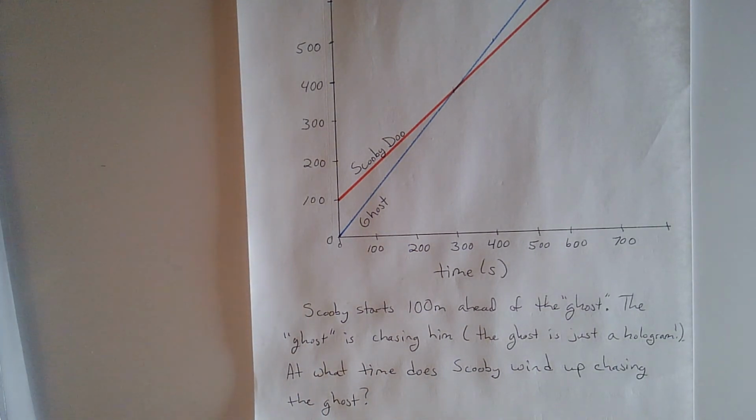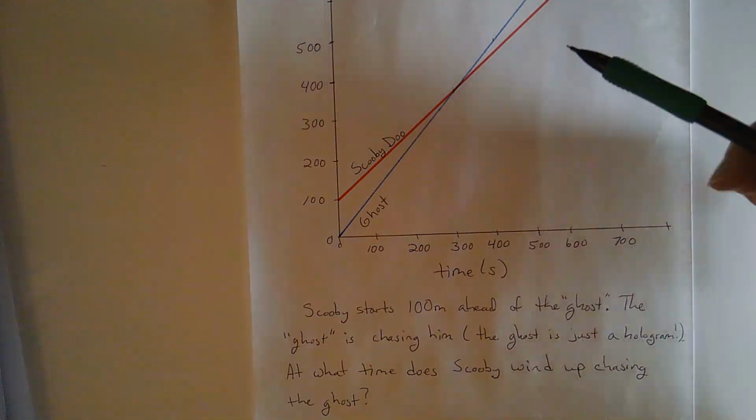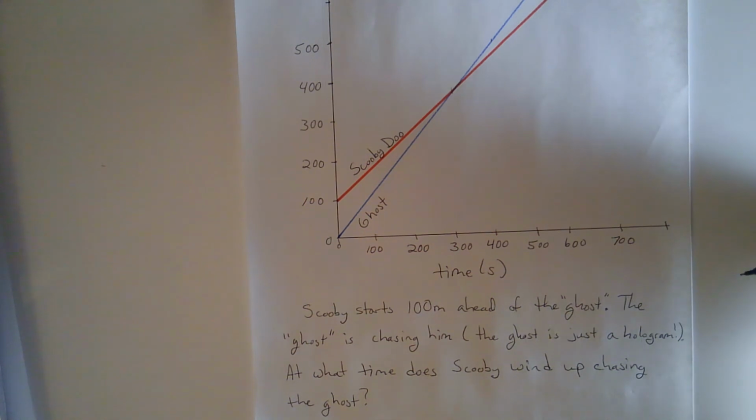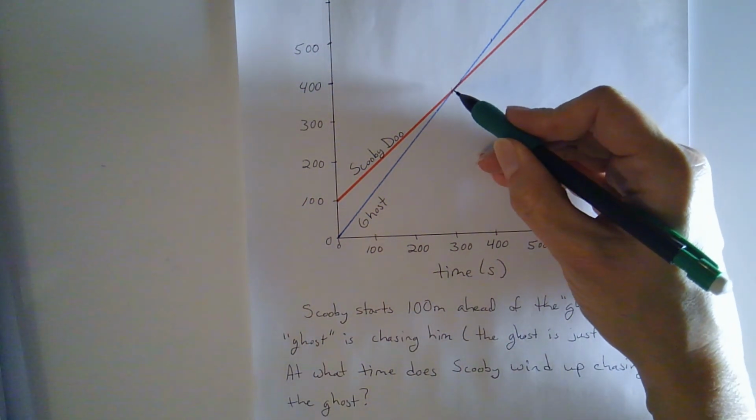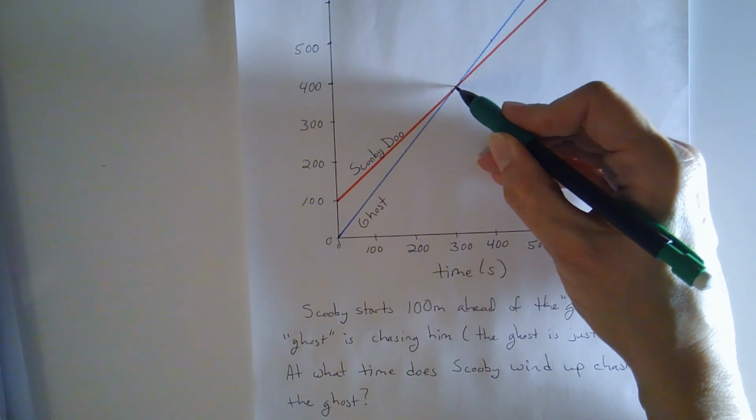Okay. Well, we talked a little bit about this before, that if lines cross on a distance-time graph, that means that they are occupying the same exact space at the same exact time.